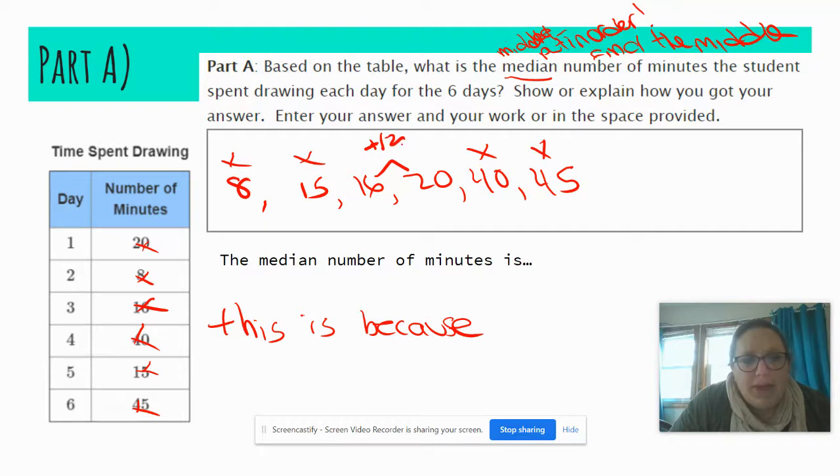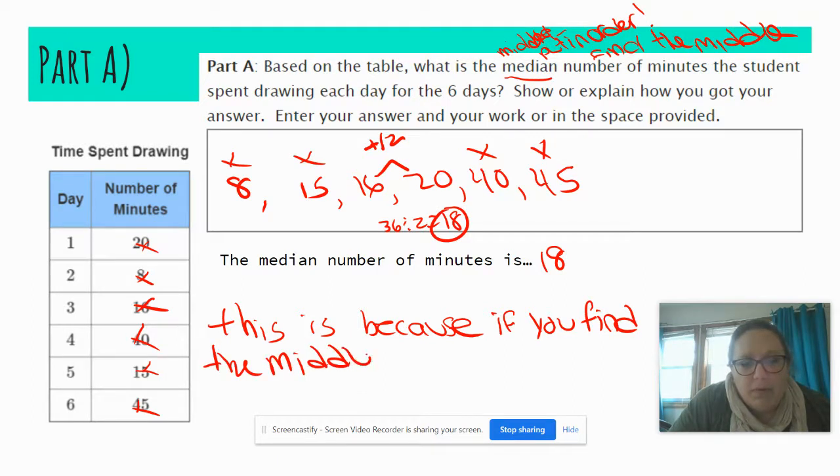So add and then divide by 2 would be 36 divided by 2 would be 18. So the median, if I wanted to write a restate statement, is 18. This is because if you find the middle, you get 16 and 20.